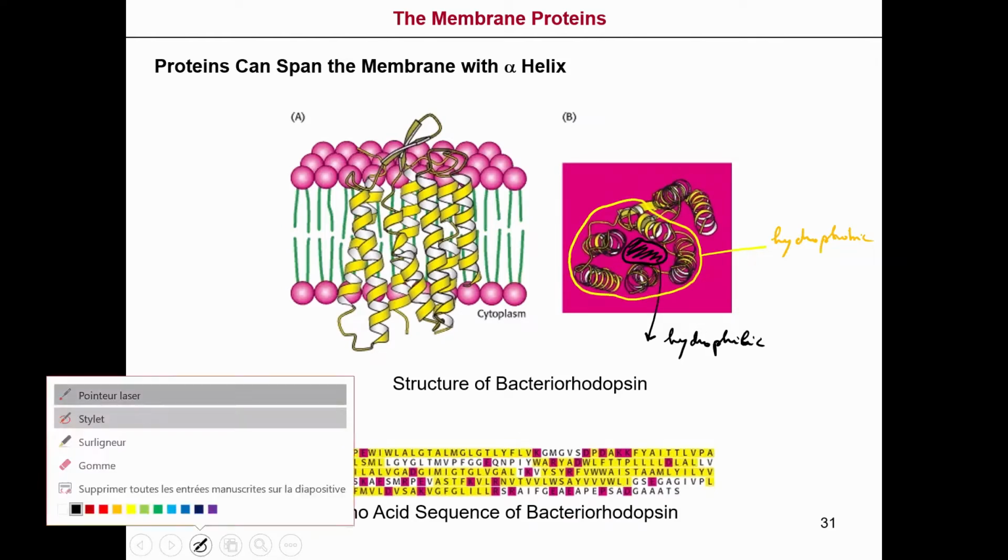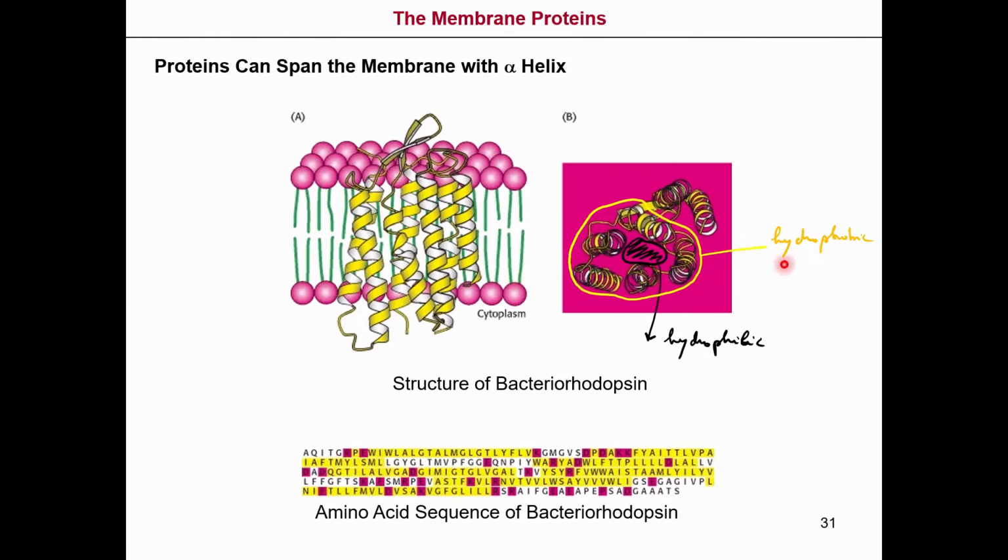So it means that the outside of the helix can interact with the hydrophobic tails of the phospholipids of the membrane. And you have a channel made by the alpha helices, which is this time hydrophilic, and it allows the transport of hydrophilic molecules.